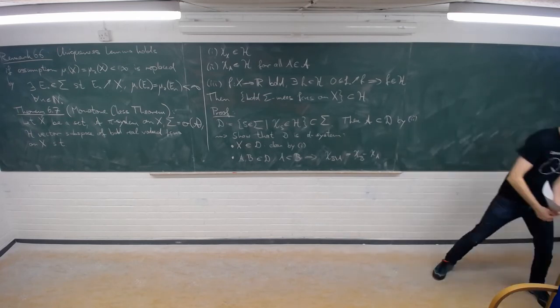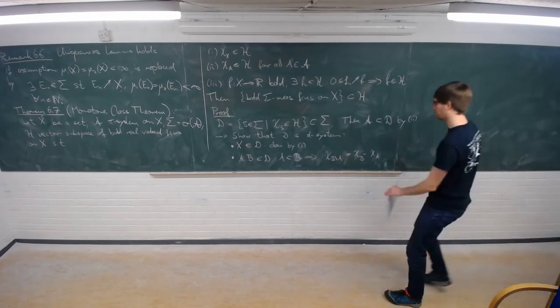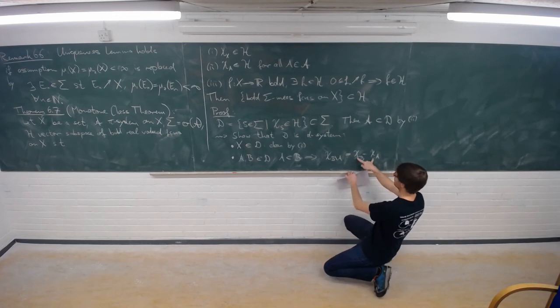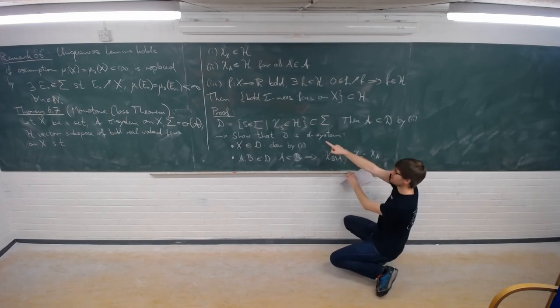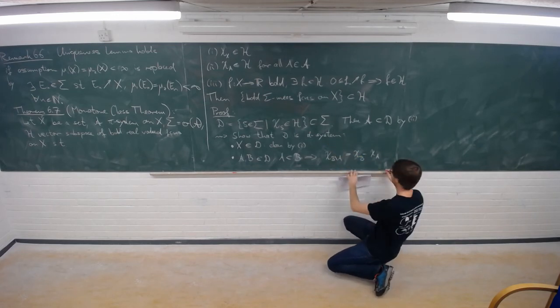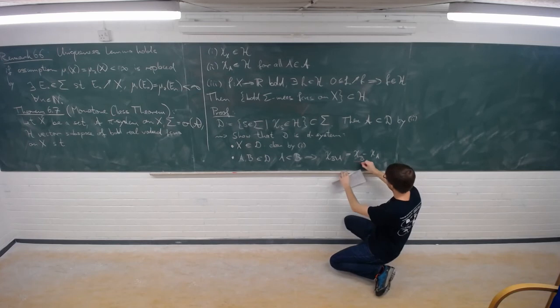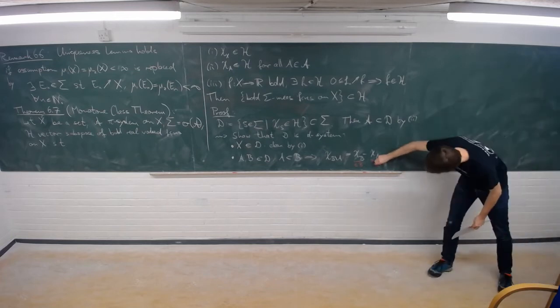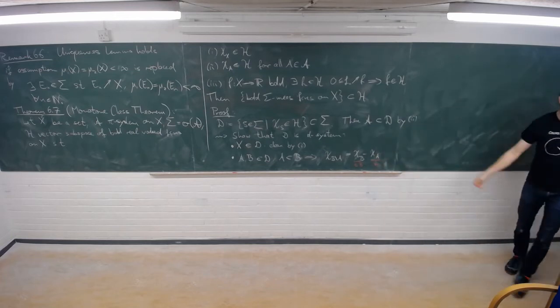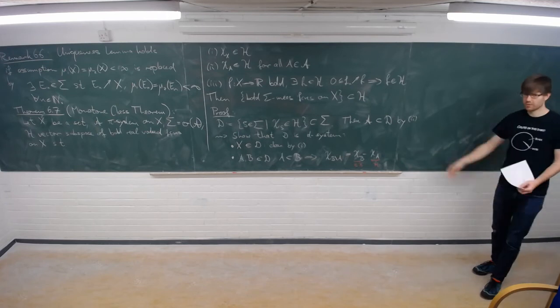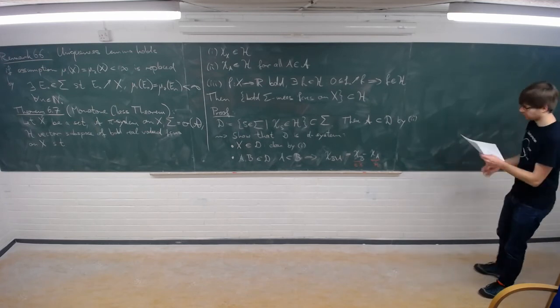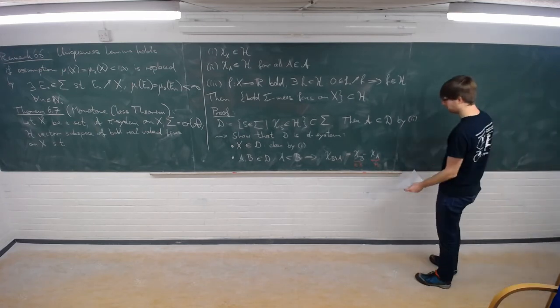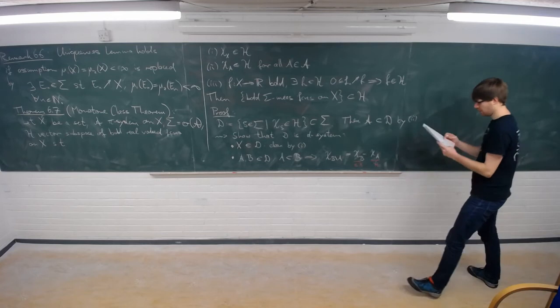Now this characteristic function has to be in the space H. But by assumption, this is in H, and this is in H. And we know that H is a vector space, right? So the difference between these two functions will also be in H. So the entire thing is in H.